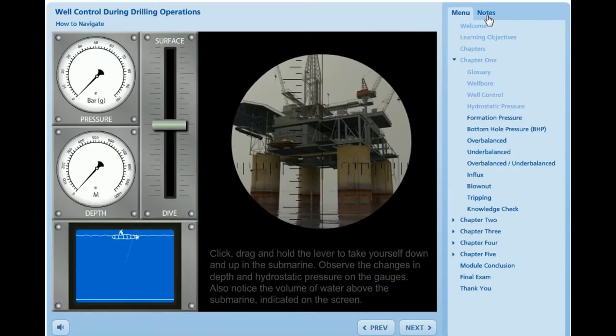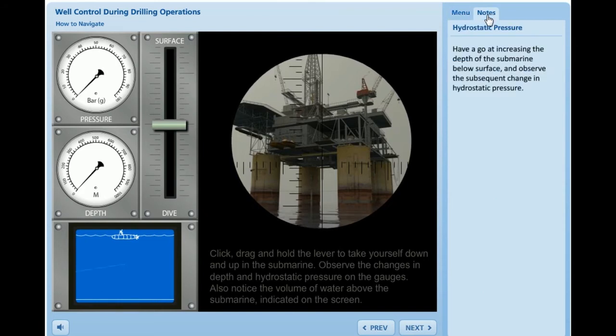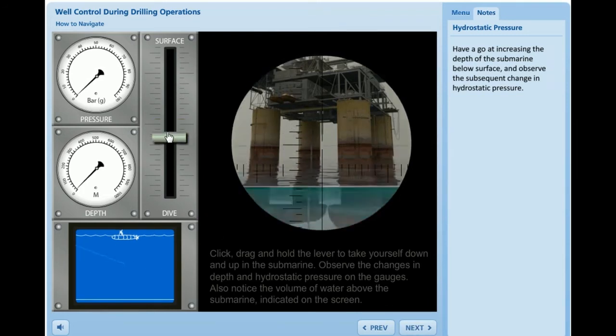Have a go at increasing the depth of the submarine below surface and observe the subsequent change in hydrostatic pressure.